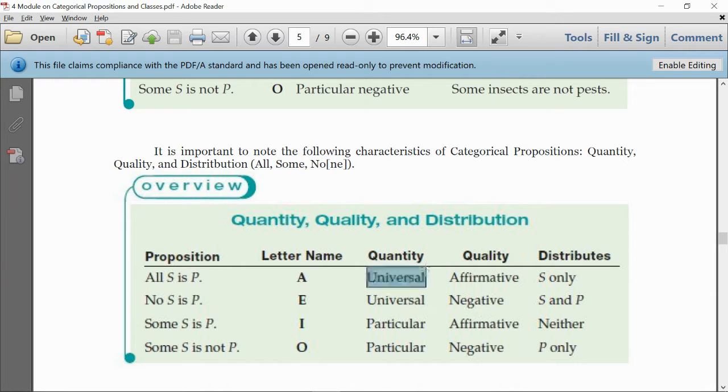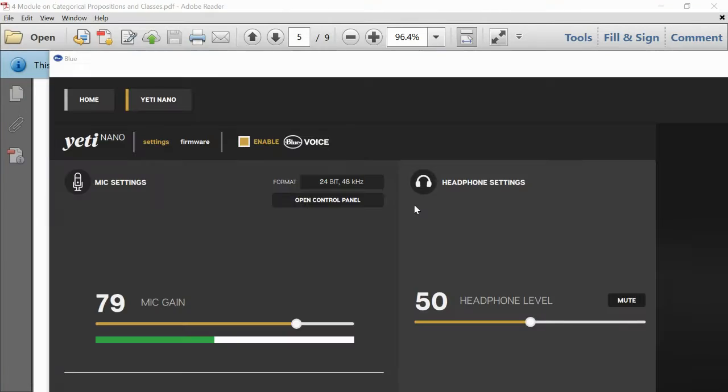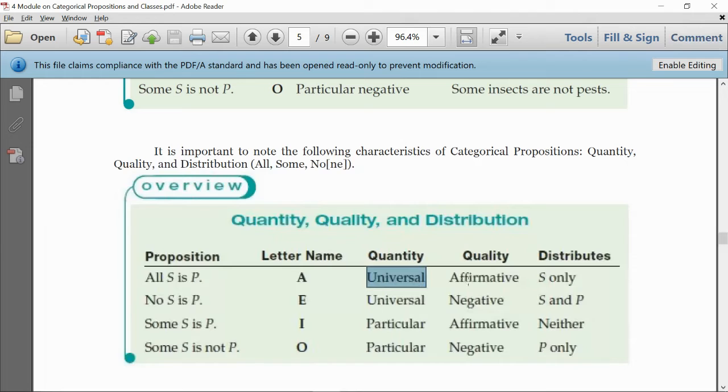In other words, it indicates that all of the class of the subject term is either included or excluded in the predicate term. Then we have the particular affirmative and particular negative propositions, which indicate that not all members of the subject class are included in the predicate class.